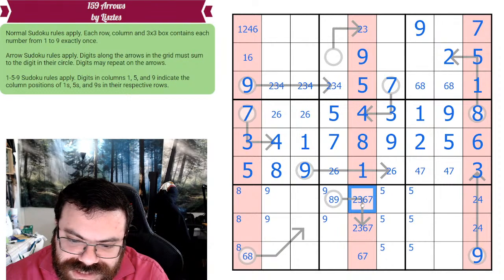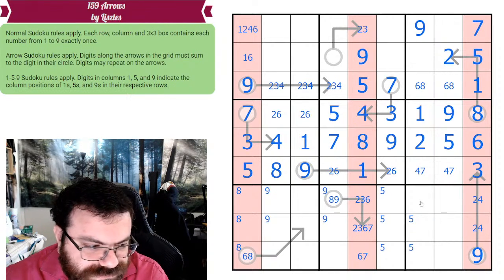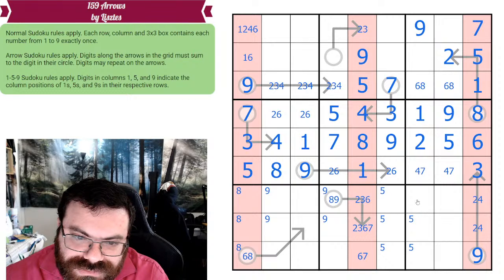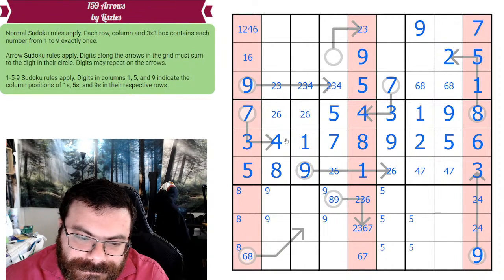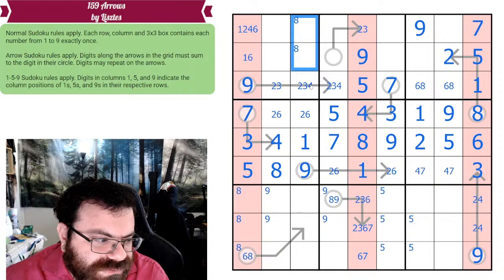Right, this can't be 7, because if it were 7, that would have to be 2, then that would be 4, and that would be 9, right? Yeah, that's what I saw. So that's not a 5. It's not a 4. Eight in one of these two?